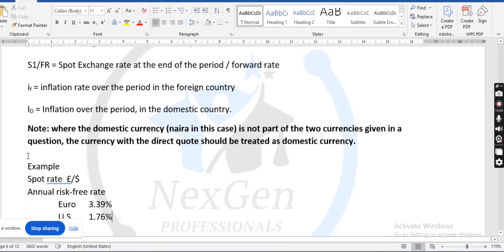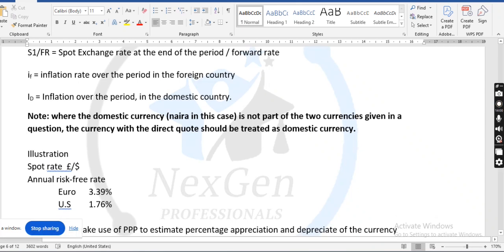Illustration 1. This is the spot rate. Then annual risk-free rate. Oh, this is risk-free. That is interest. Let me change this.